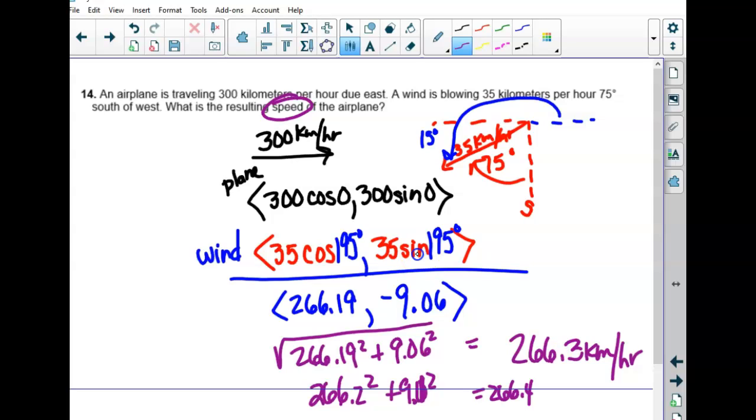Think about this for a second. The plane thinks it's flying 300, and it's flying east, wasn't it? So the plane was going this way, 300, and there was a wind pushing it this way at 1/10 of that, not a lot, but would it slow down the plane? Okay.